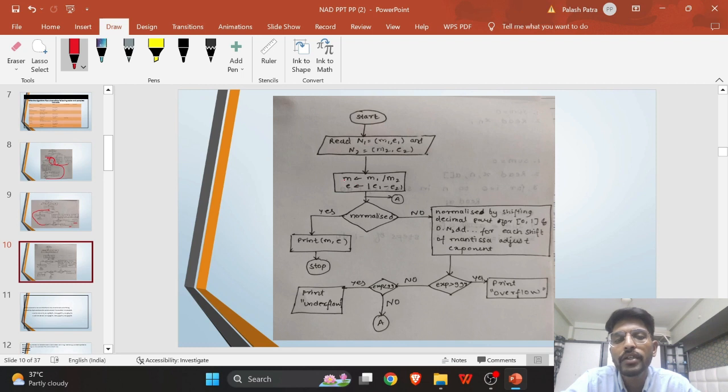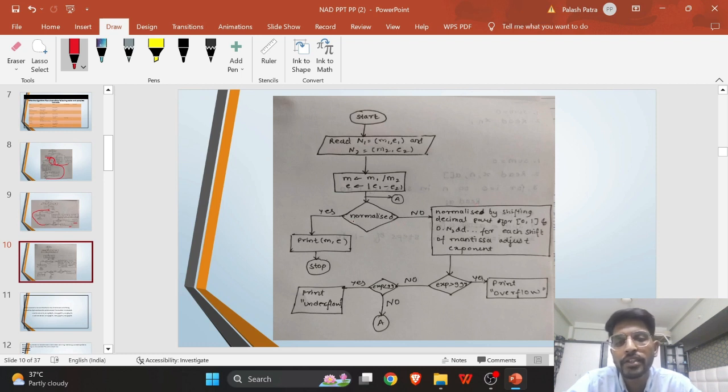What we do here is the mantissa part becomes m1 divided by m2, and the exponent part becomes mod of e1 minus e2. And we check for the condition of normalization similar to the multiplication step. Everything here remains the same as in the multiplication.